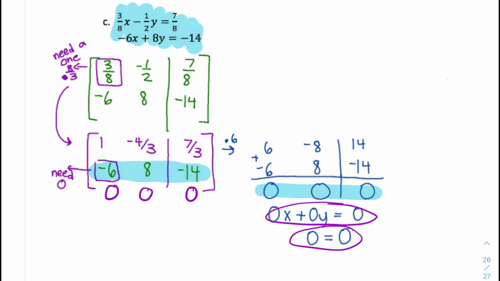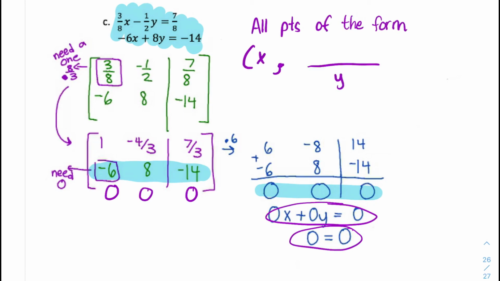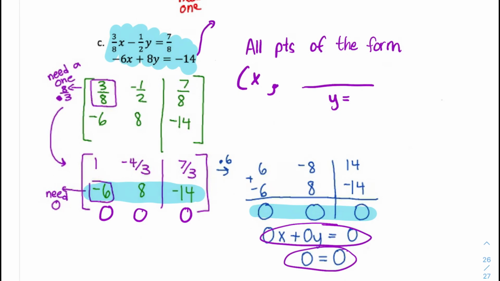So to write my solution set, I don't need to go any further in my Gauss-Jordan elimination method. I can just say, okay, it's going to be all points that are on my line, or of the form, we'll use x as my arbitrary variable, and then I'll solve for y to get it in terms of x here. I'm going to use my second equation, that looks easier.